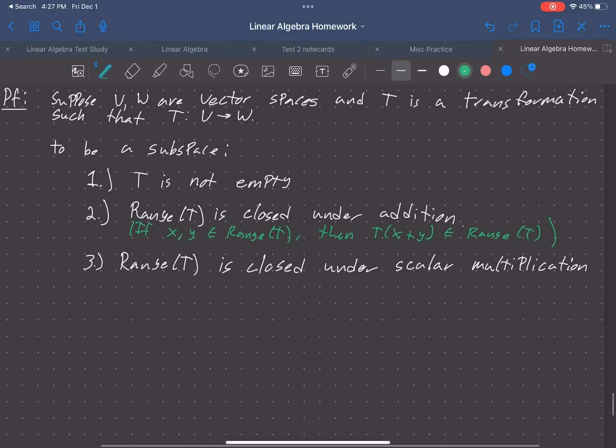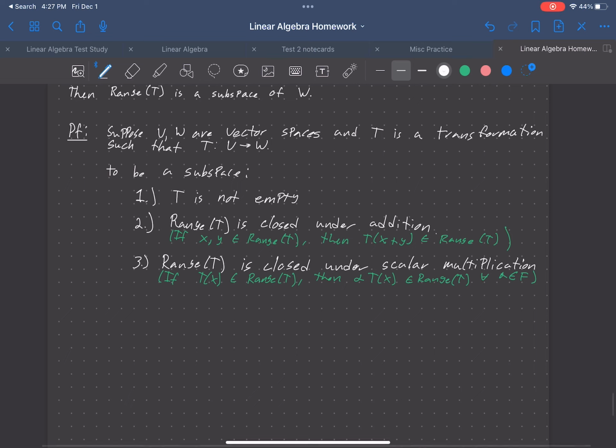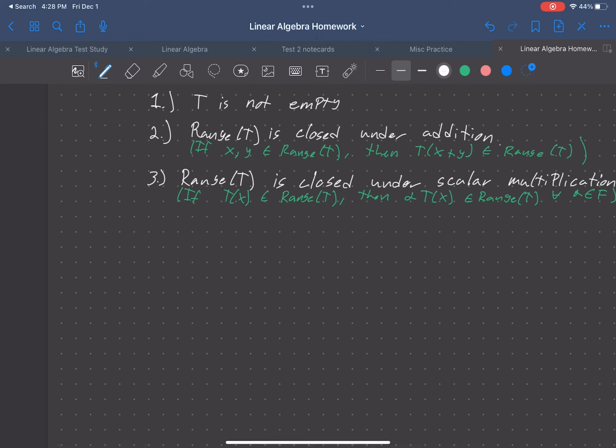And this basically means that if the transformation of x is an element of the range of T, then alpha times the transformation of x is an element of the range of T for all alpha an element of F. And also the alpha could be inside, so it should be the transformation of alpha x is an element of the range of T. So either way.